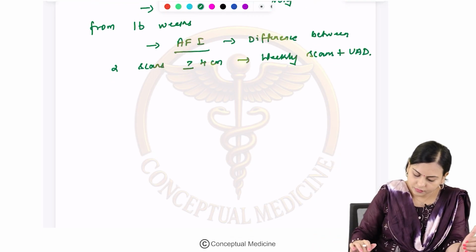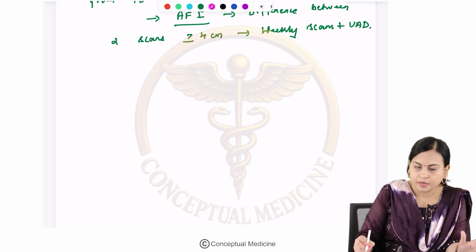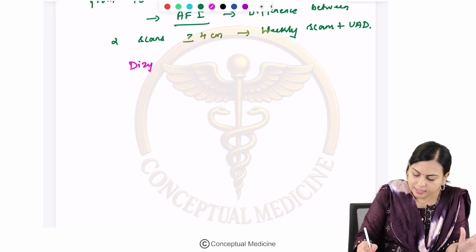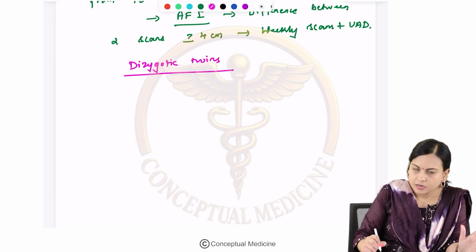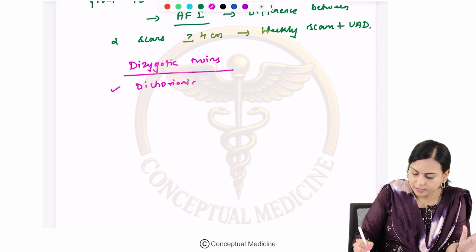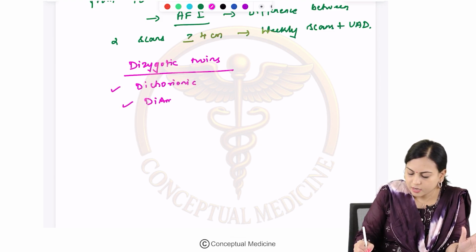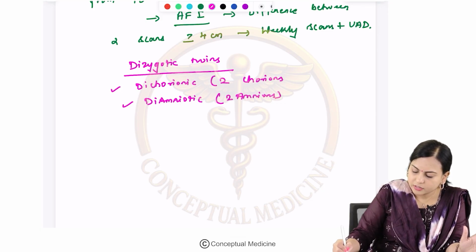Clear? Now, as I already told you, remember that dizygotic twins will be dichorionic, diamniotic, so you will have 2 chorions and 2 amnions.